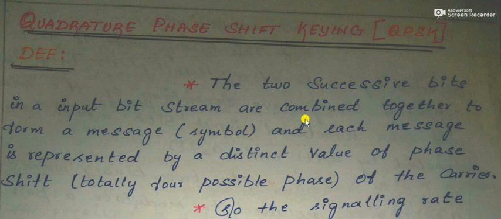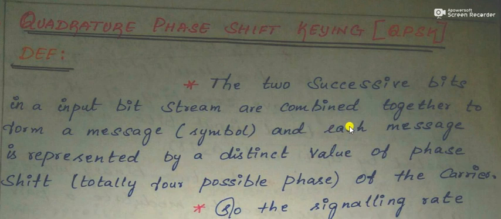In ASK, FSK, and PSK modulation schemes, each symbol contains only one bit, but in QPSK modulation, each symbol contains two bits, so that the signaling rate and bandwidth are reduced.